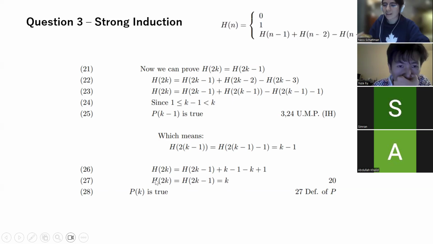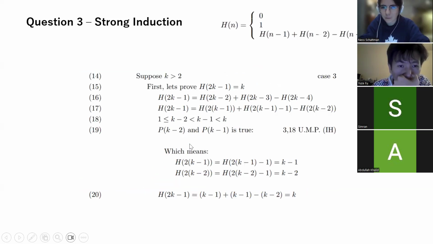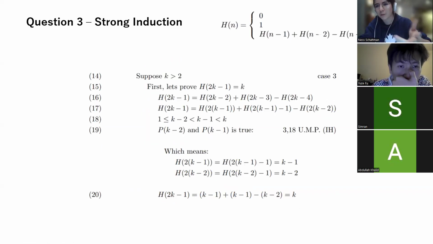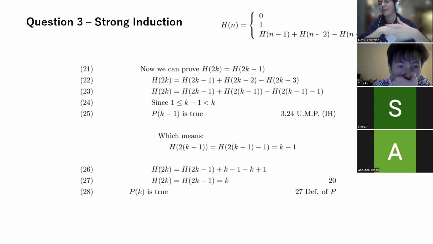And you might notice that that is also the definition of our p of k that we were trying to prove. So, jumping back, our induction hypothesis, we supposed that it was true for all natural numbers less than k. We used that to show that, therefore, if that's true, p of k must be true.